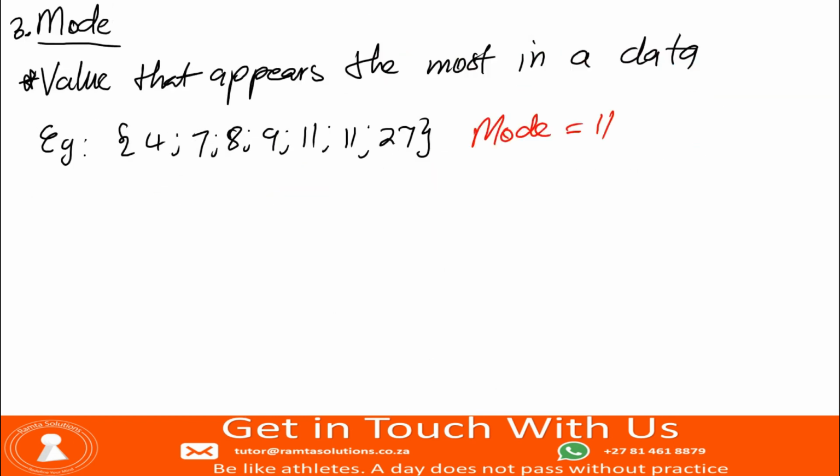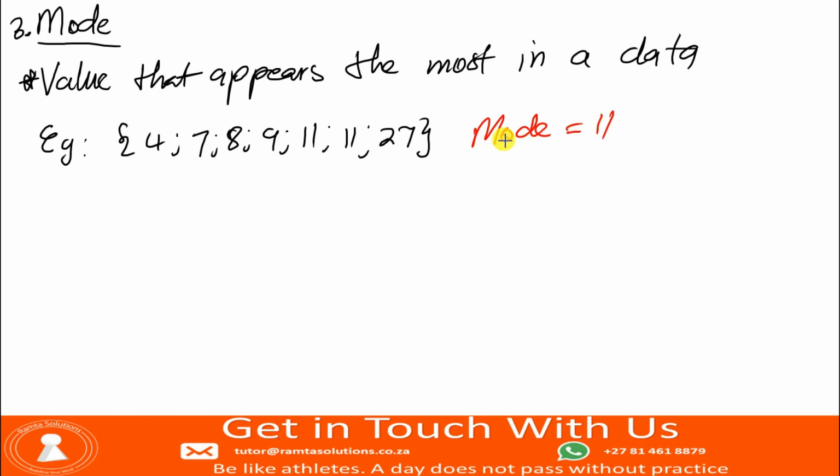We also said that the mode is a value that appears the most. I need to add to this one: even if you have 2 values that appear the most, you will write both, and we call that bimodal.